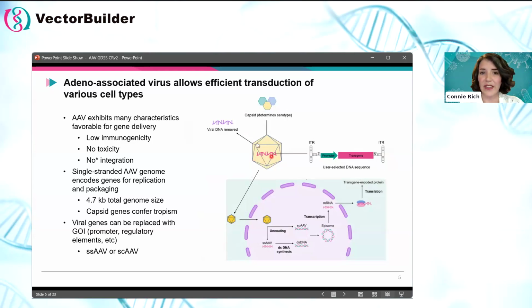So once we create this recombinant AAV, it's going to enter the cell typical to wild type AAV, and it's going to be transported into our nucleus. There, it's going to be uncoated, and our single-stranded AAV is going to go through double-stranded DNA synthesis before creating the episome. Now, from here, it's going to use host cell machinery to create our transgene, or we can just create our RNA, and it can either be used in CRISPR or for knockdown experiments.